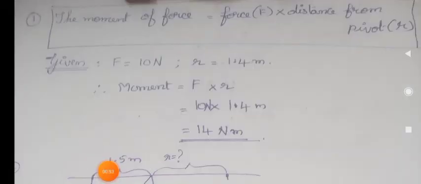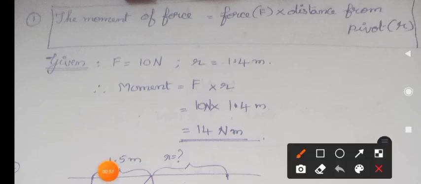So the formula to find out the moment of force is equal to force into distance from the pivot. Force F into distance from the pivot R. So what is the force given? 10 Newton. And what is the distance given? 1.4 meter.